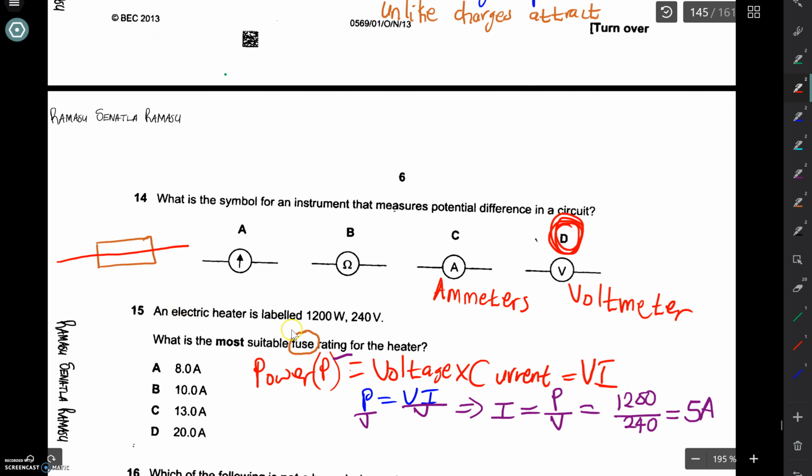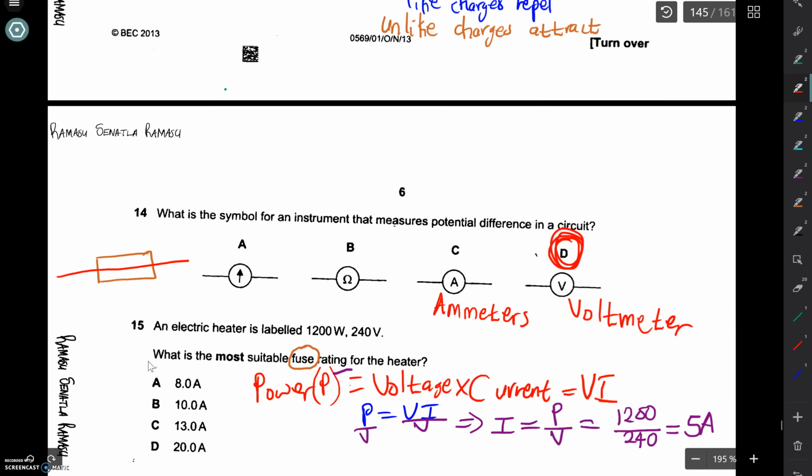Now, if your electric heater needs 5 amperes to work, this means that you can use a fuse with a rating of 8.0 amperes.